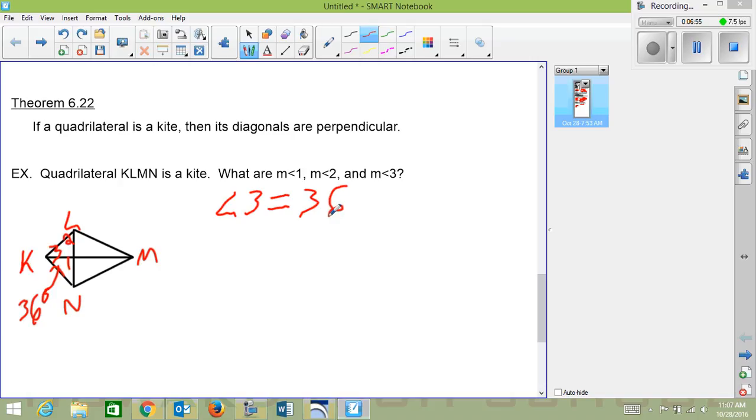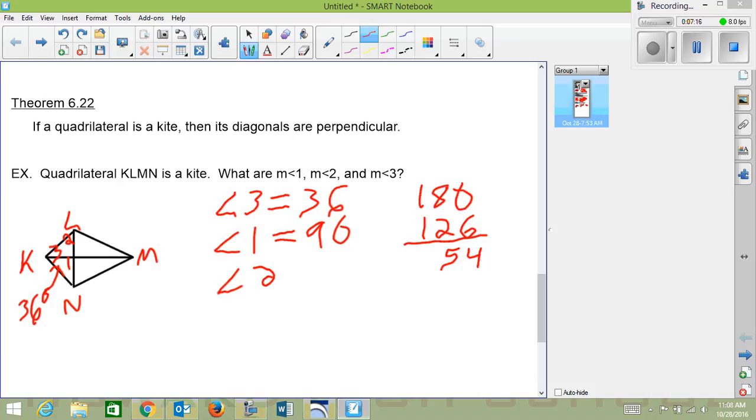Angle 1, if it's perpendicular, would have to be 90. So there I have two angles, 90 and 36. 90 plus 36 would be 126. So what's left for the other angle would be 54. So angle 2 then equals 54 degrees.